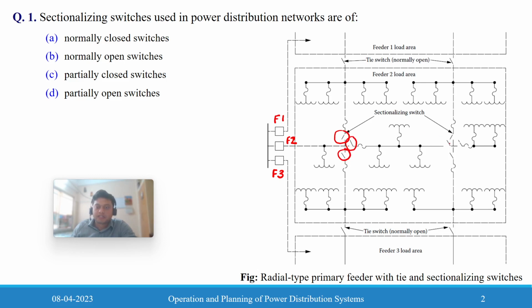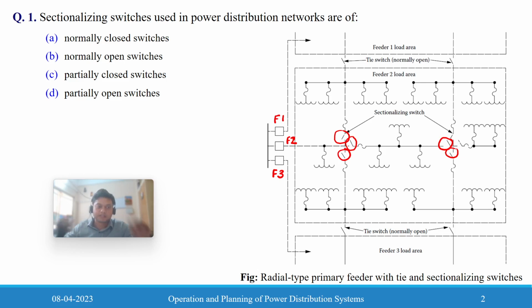During normal conditions, these switches are normally closed. If any fault happens in the loads connected to these laterals, then the switch is opened so that it does not disturb the other loads that are taking power from these feeders.